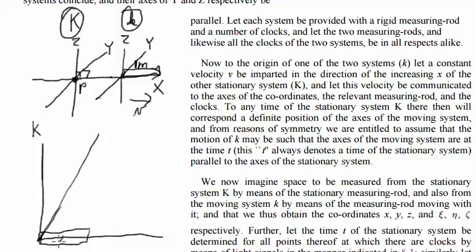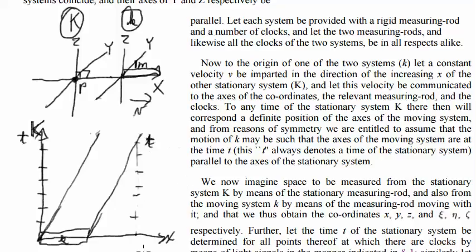This is the k's meter stick, and the front end and the back end of that meter stick are moving forward in the x direction, and this is going to be representing the t direction. So this is the time according to this clock in the k system. And it will be synchronized with any clocks over here, and so this is also t in the k system.